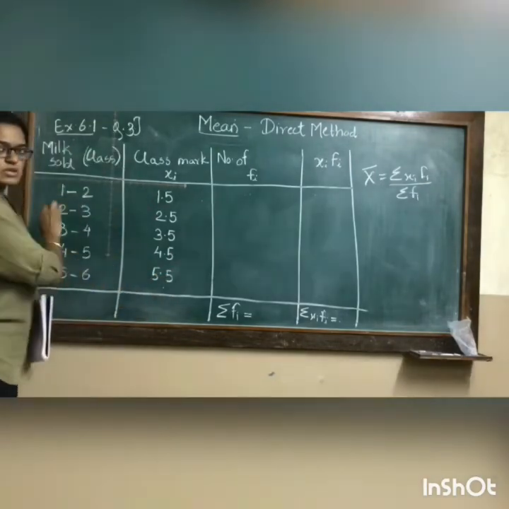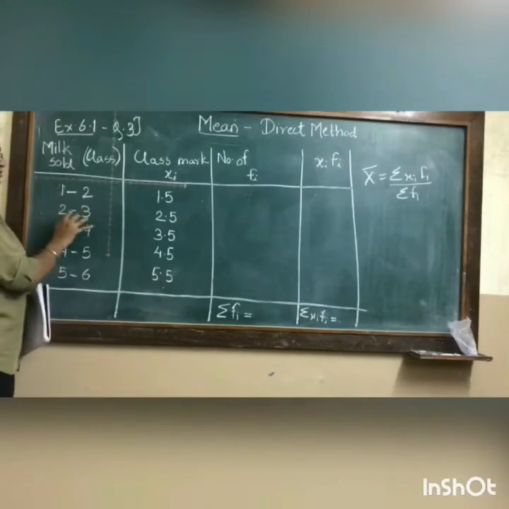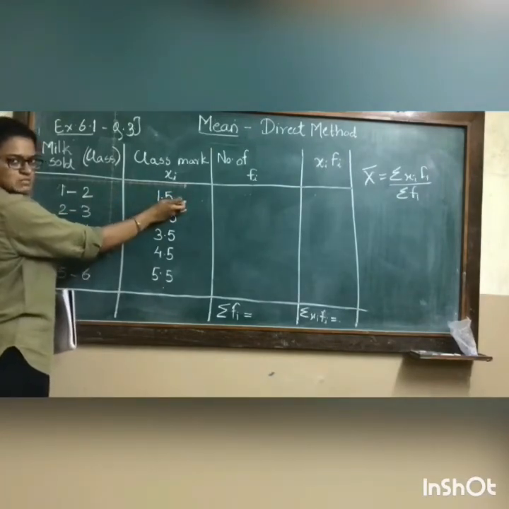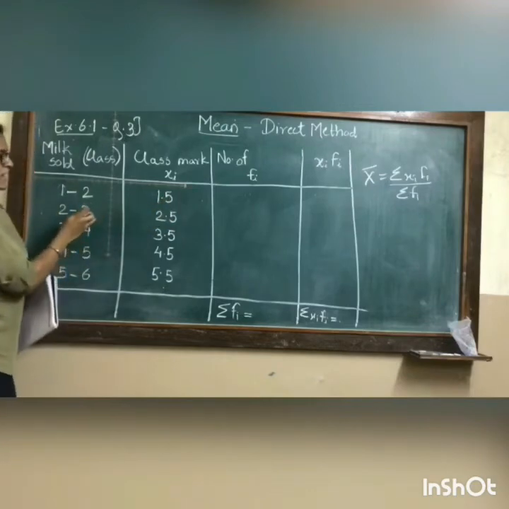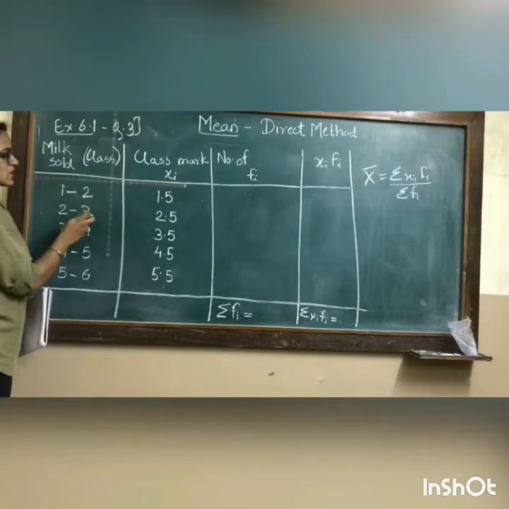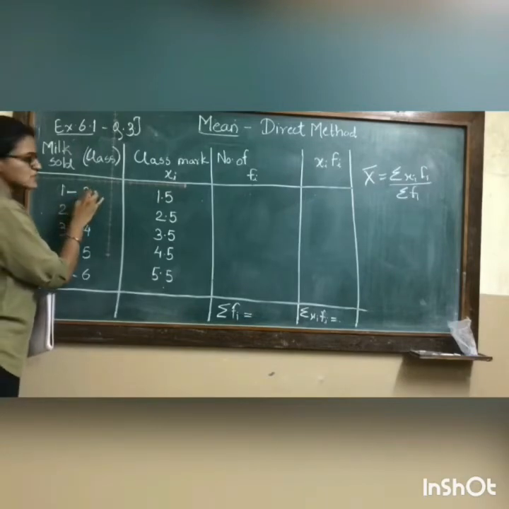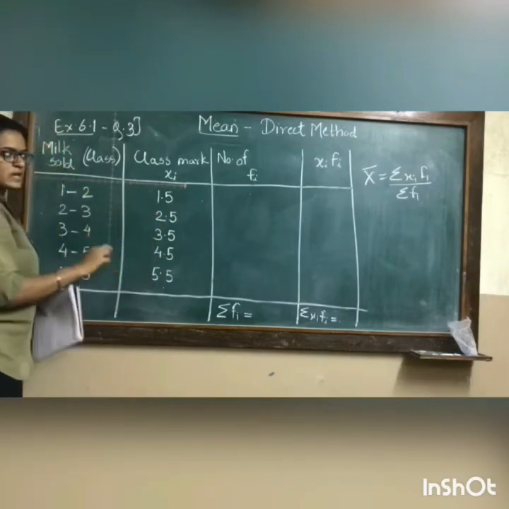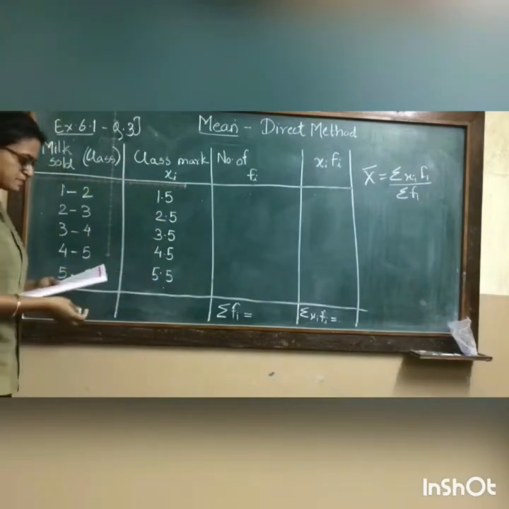So the thing is, you either take the average of these two numbers, or once you find the first class mark, go on adding the difference between these two, which is upper limit of second class minus upper limit of first class. The difference is 1. So you go on adding 1, you will get all the class marks.